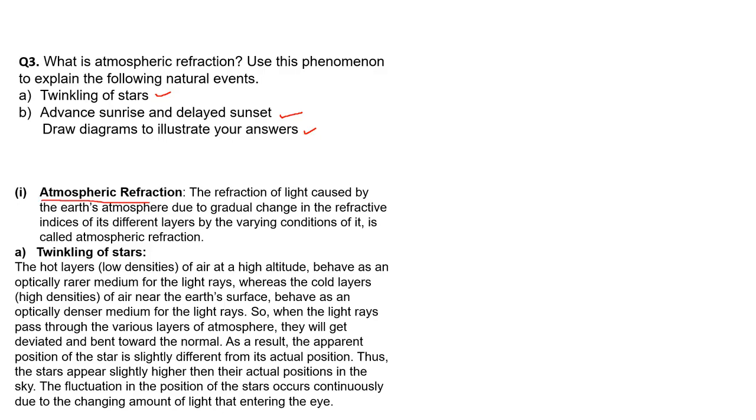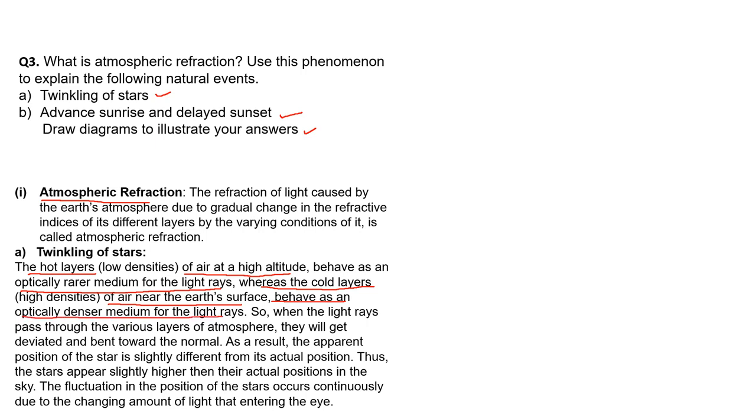Very simple, right? Now, twinkling of stars, I've already explained to you. The hot layers of air at a high altitude behave as an optically rarer medium for the light ray, whereas the cold layers of air near the Earth's surface behave as an optically denser medium.